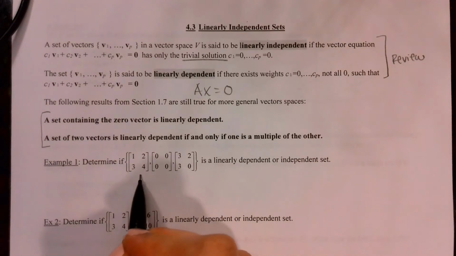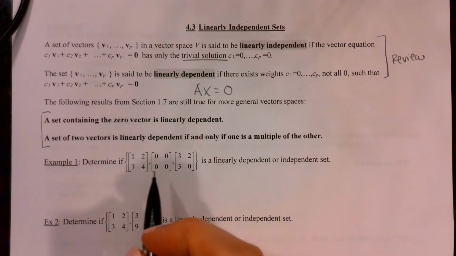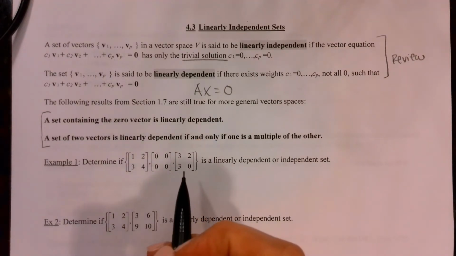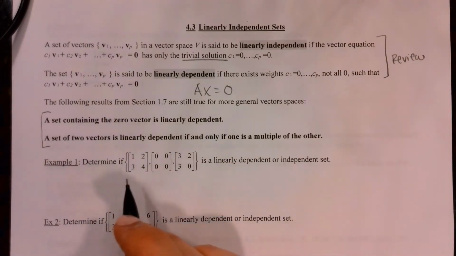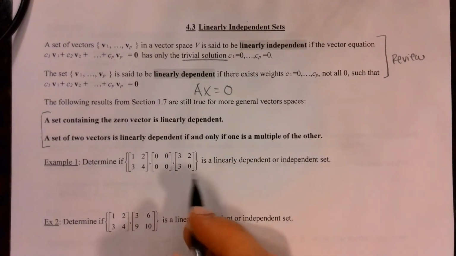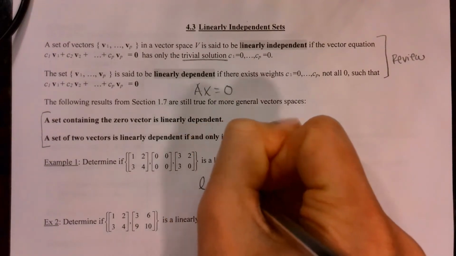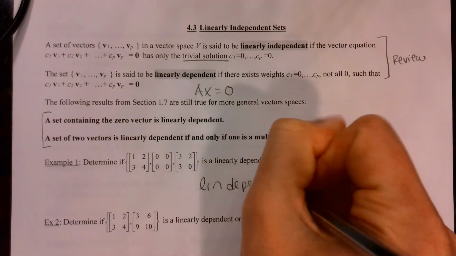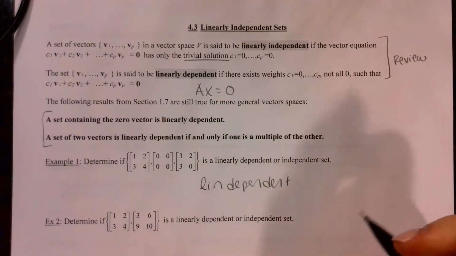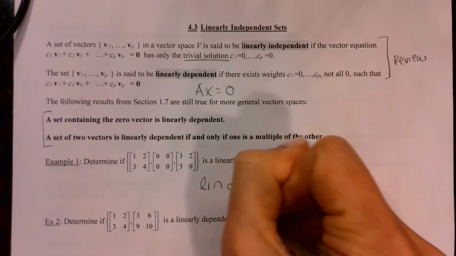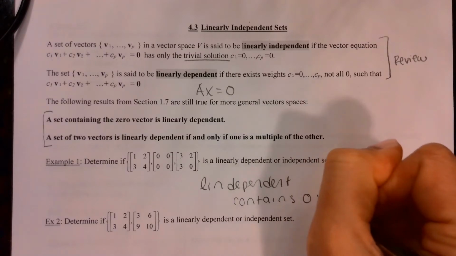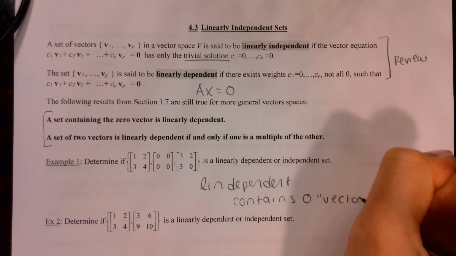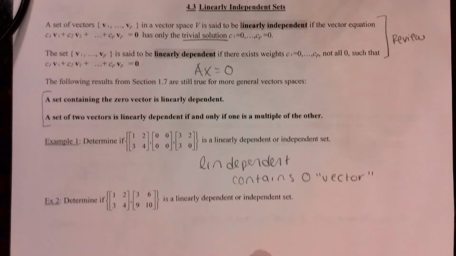Here is a set of vectors, now that we're considering an object, which could be a matrix, a polynomial, or something else, to be a quote-unquote vector. This set is linearly dependent because it contains the zero vector, in quotes, the zero matrix.